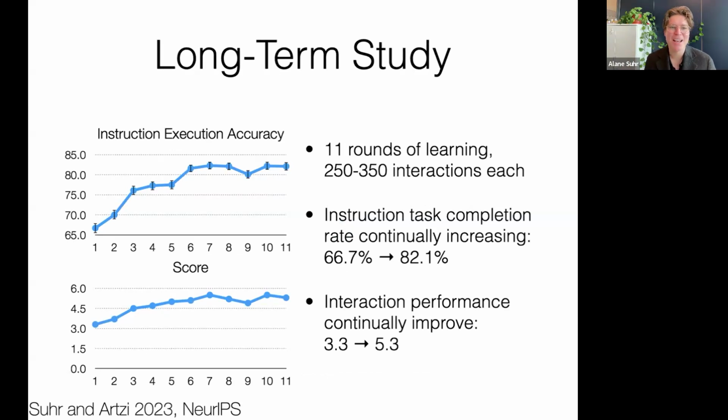Our model has learned something, or at least the instruction execution is better. We also see that the score of the game has improved from 3.3 to 5.3 points, which shows that this process of continual learning is not just locally improving, but it's actually supporting better interactions with users.